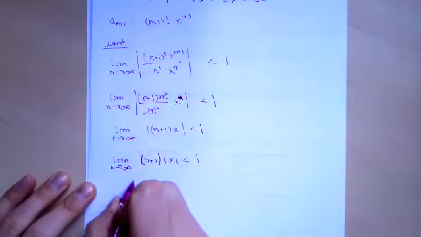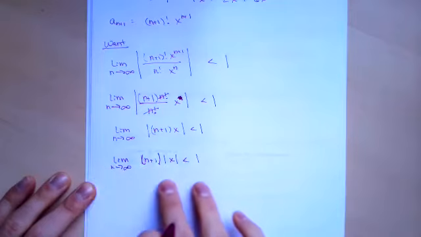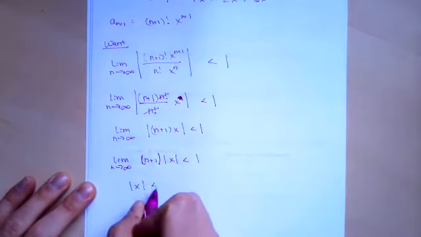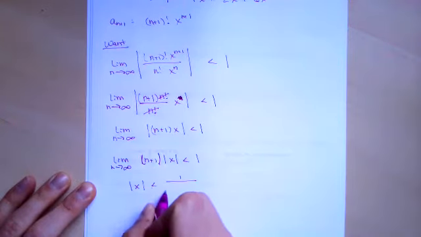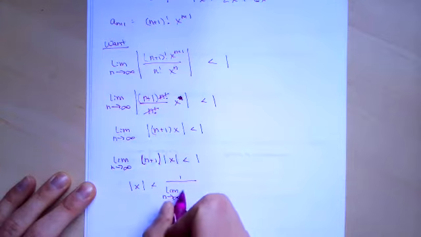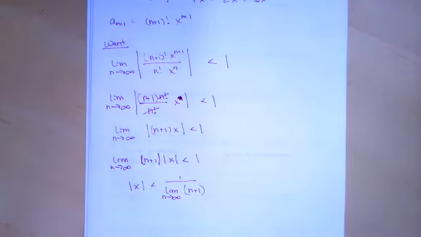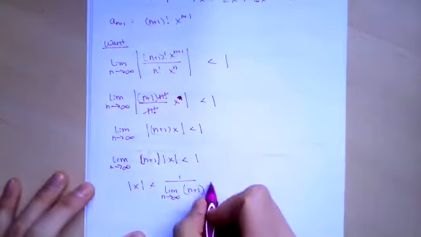So what we need, if I move the n's to the other side, is that the absolute value of x needs to be less than 1 divided by the limit as n goes to infinity of n plus 1. So what do we get? This is 0.